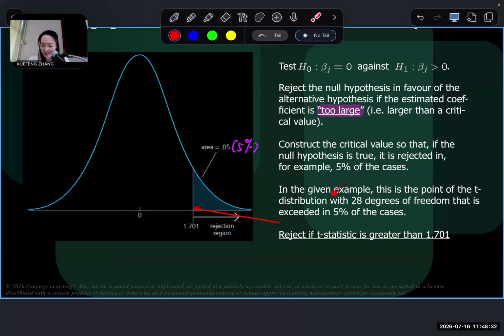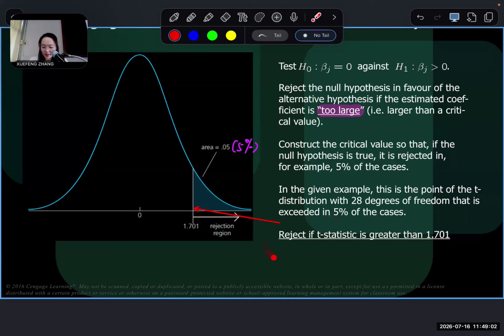In this example, with 28 degrees of freedom, the critical value is 1.701, which is here, okay? This is our critical value. This number comes straight from the t-table, right? I think you can find a t-table in your statistics book.